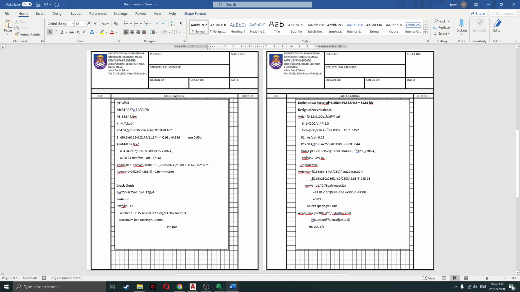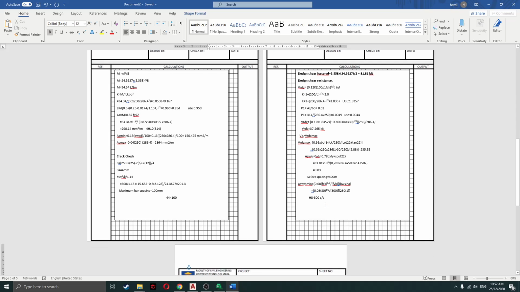Then my VD is bigger than VRDC, so I find VRDC max, I get 235.95. Then I find ESW, and then I select 300mm for stirrup.